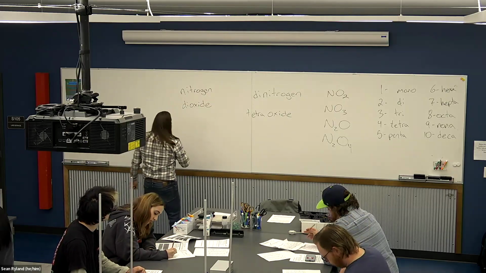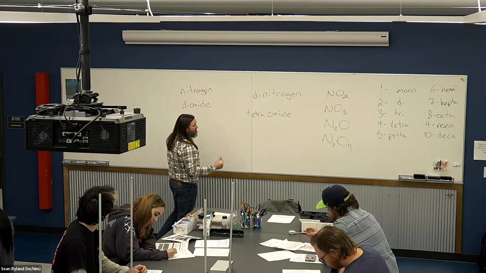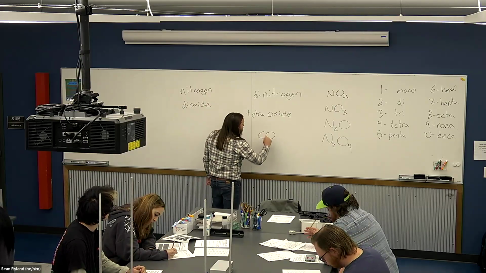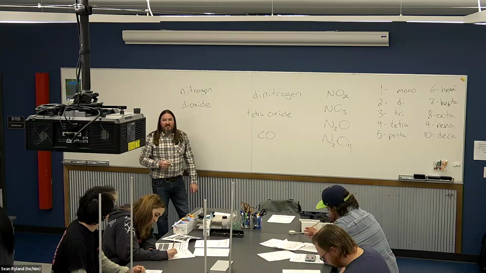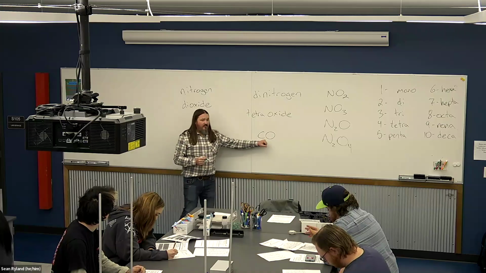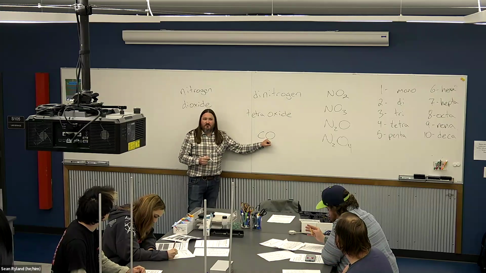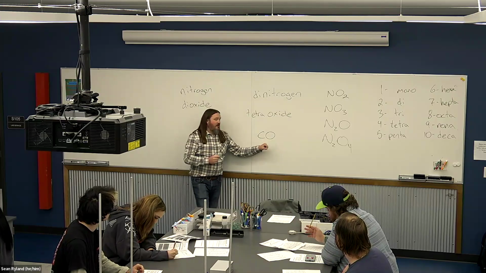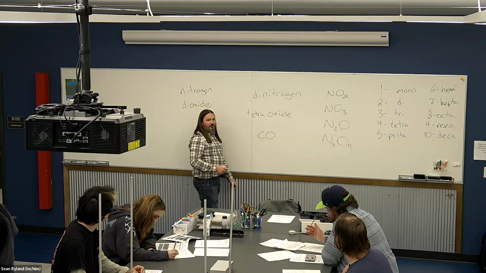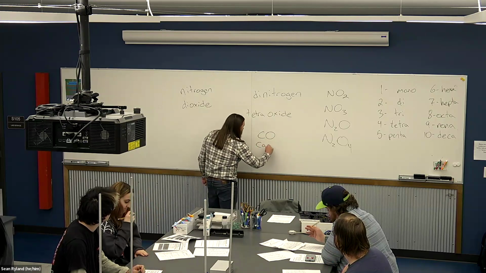So to give you an example of one that does have mono involved would be CO. CO is a covalent compound because it's all nonmetals. So we just specify how much we have of everything. We don't put mono in front of carbon, so it's just carbon.